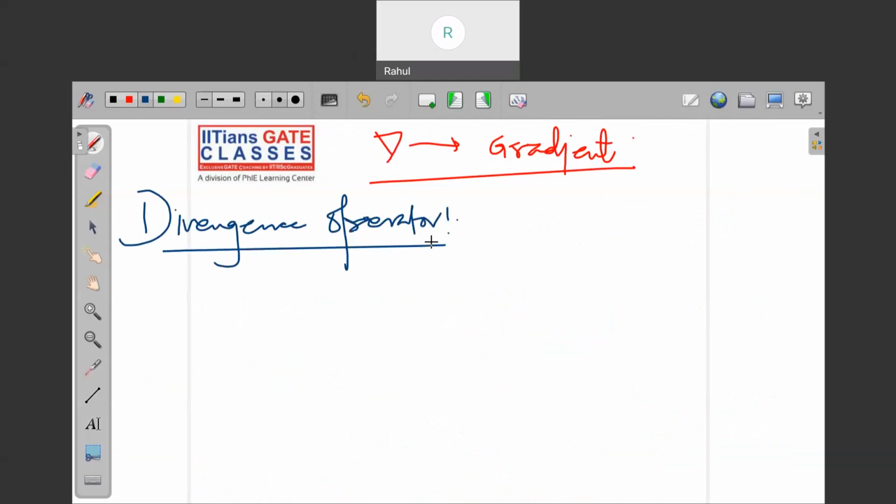Unlike the gradient operator, which operates on a scalar and gives you a vector, divergence will not operate on a scalar, remember. Divergence will operate on a vector. So we write it as del dot some vector, and it will give you a scalar.